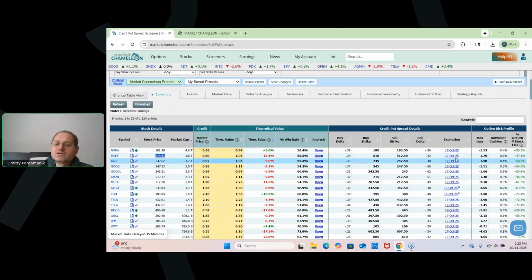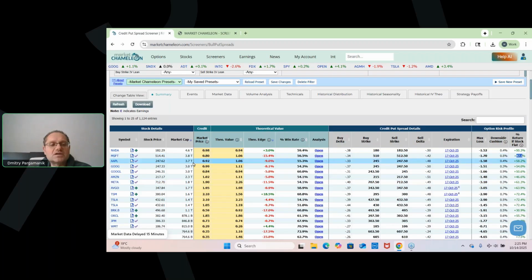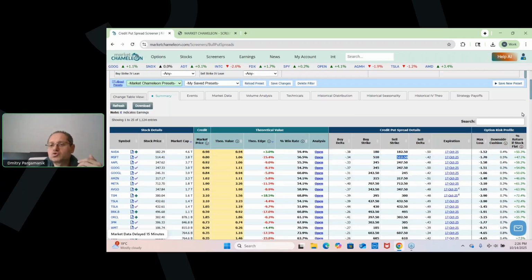For Microsoft, it's 47.1% return if the stock remains at 154.14, right? Because that will be above this spread. So as you can see, what this screener does is it allows us to quickly narrow down potential candidates to go and research further by these unique criteria. All right, we could combine them as well.